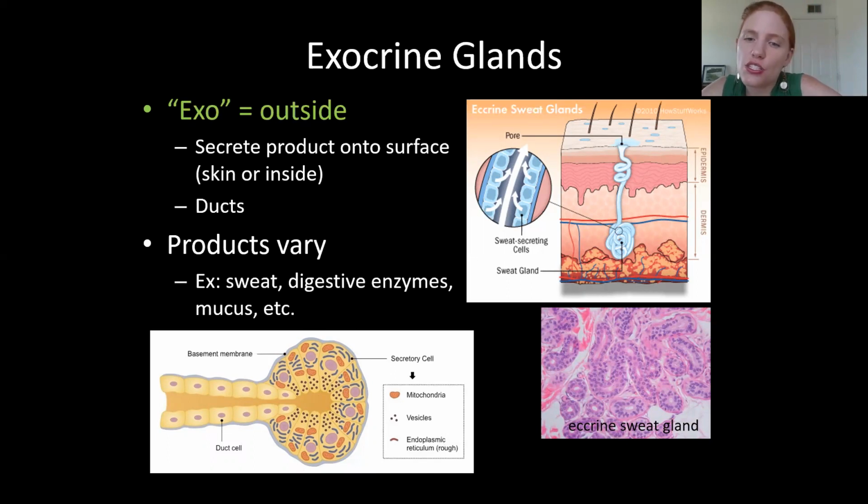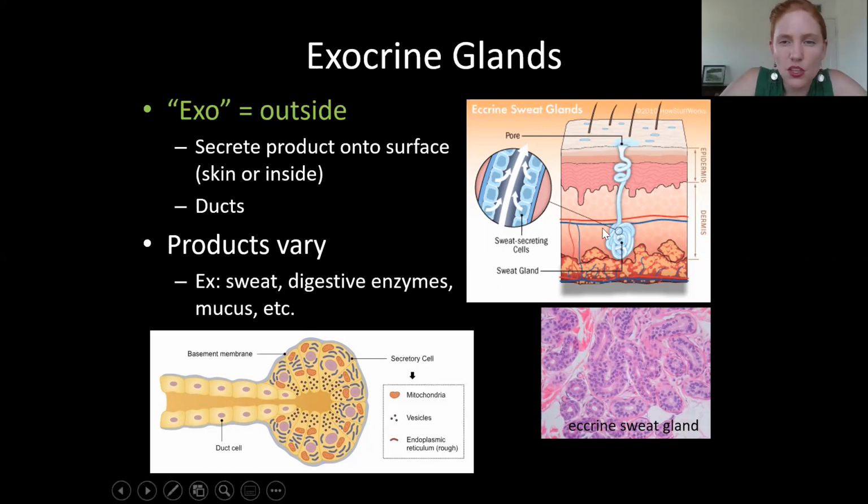And acinar cells can be found inside of the pancreas, and they produce pancreatic enzymes that are involved with digestion into the small intestine, right? So that is a surface inside of the body, still an exocrine gland. So the products can be things like sweat or digestive enzymes or mucus, that kind of stuff.